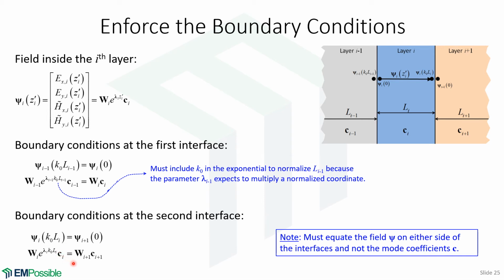And then in layer i+1, the eigenvector matrix times the mode coefficients. The exponential is gone because the local z coordinate is 0. And so we come away with two equations that are enforcing the boundary conditions at each interface on either side of layer i.